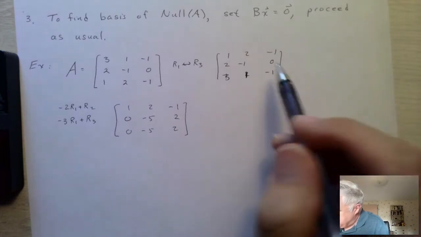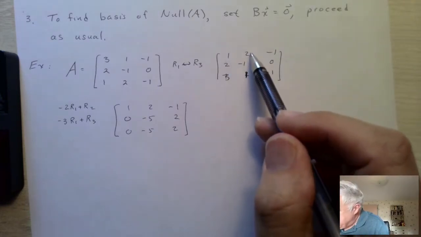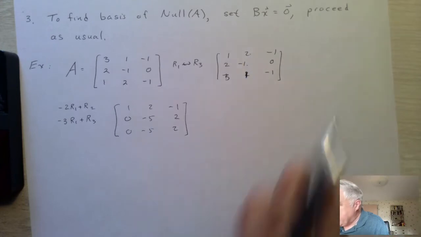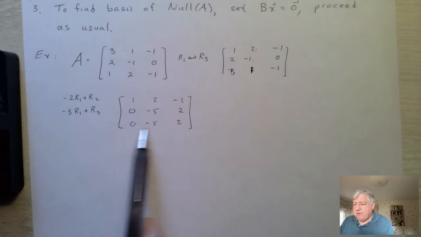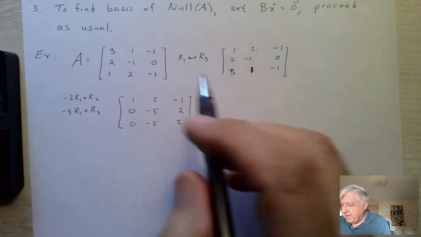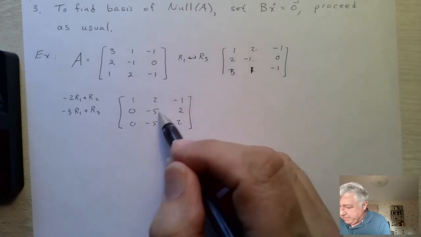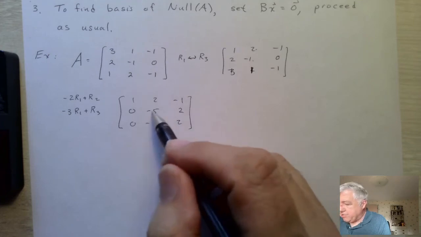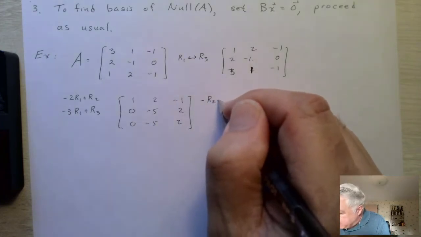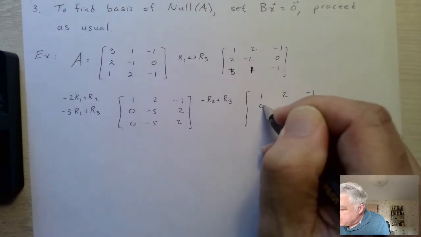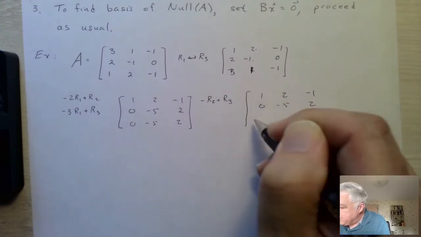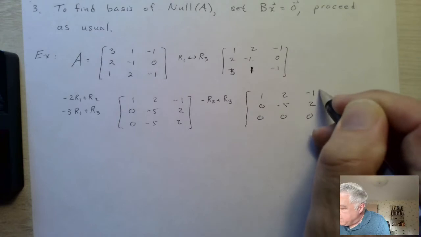Just remember, for example, -2 times 2 is -4, plus -1 is -5, and so on. Right away you can see that the third row and the second row are the same, so we can replace the third row with all zeros, or add -r2 plus r3, and we'll get 1, 2, -1, 0, -5, 2, 0, 0, 0.